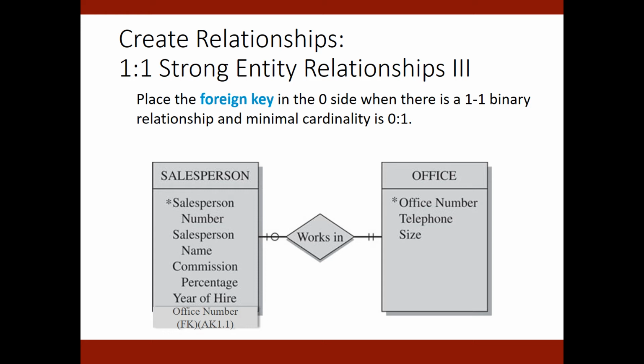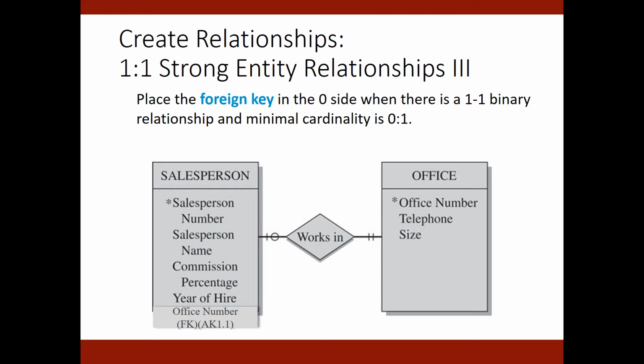However, if we put the salesperson in the office table, we are saying that every office might be occupied by a salesperson, and some offices might not be occupied. Let's say we have 10 offices and only 5 salespersons. Only 5 offices are assigned, and 5 are not.